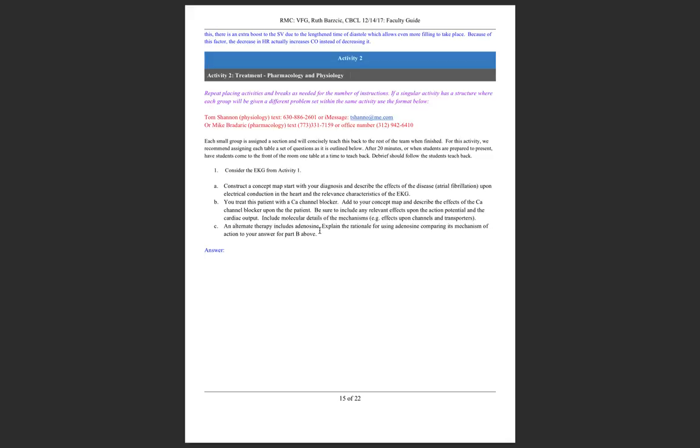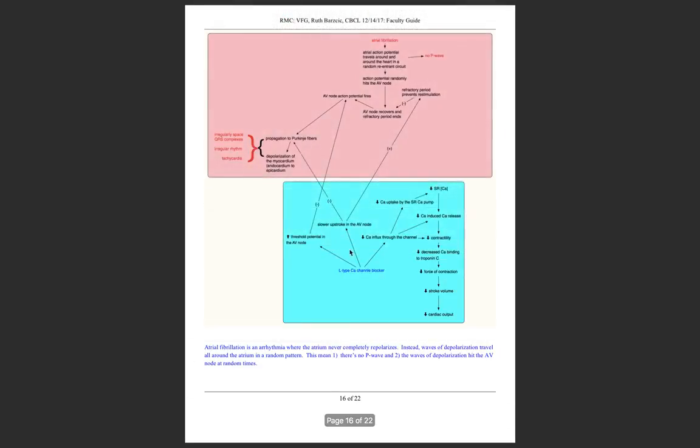And then the second part of this is to add on to that concept map and describe what happens with a calcium channel blocker. With a calcium channel blocker, you increase the threshold potential in the AV node, which reduces the probability of firing, but what it really does is contribute to a slower propagation through the AV node. That and the slower upstroke in the AV node also slows the propagation, so it takes longer for this action potential to get through the AV node.